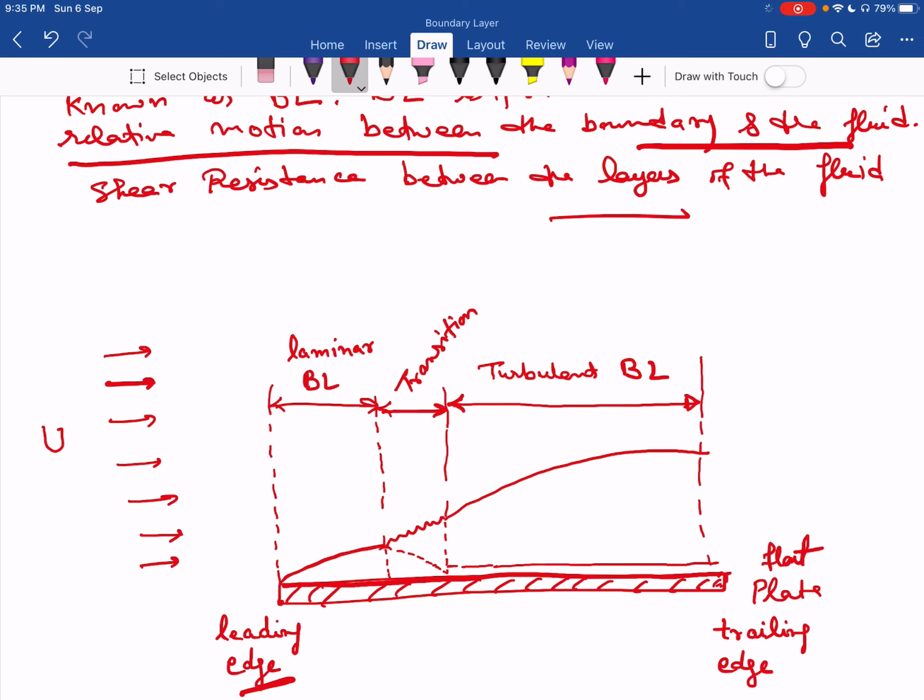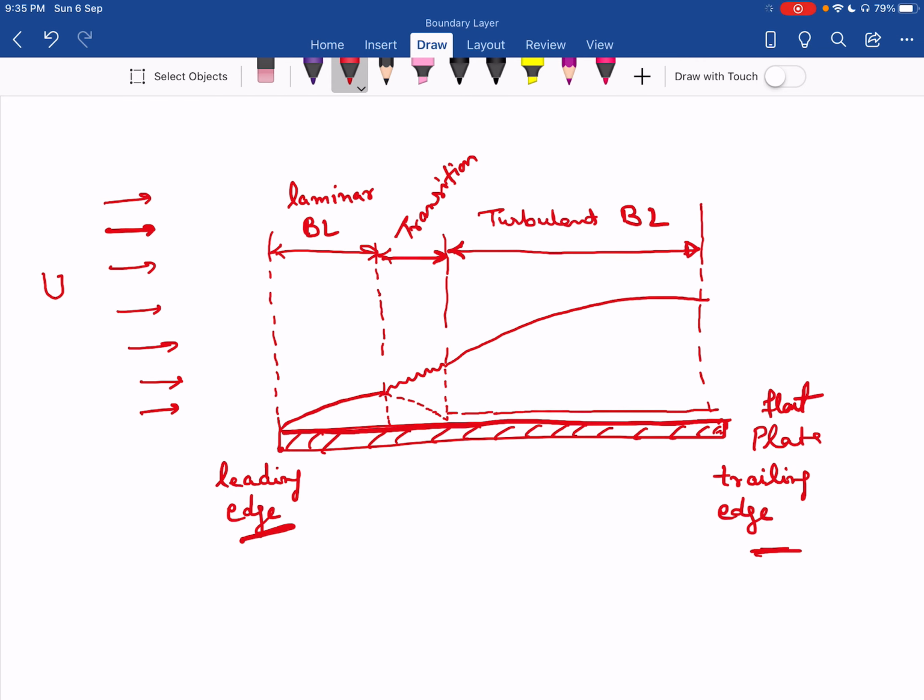Now, if I try to write some important points regarding the formation of boundary layer, the salient features of this boundary layer, the first important point is: the edge facing the direction of flow, that we call the leading edge. The edge on the rear side of the plate, that we call the trailing edge.